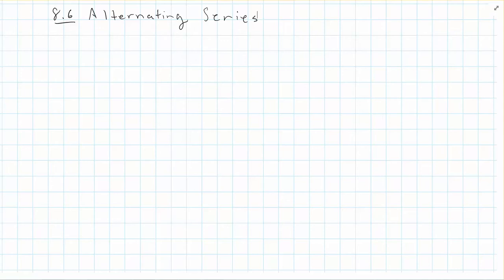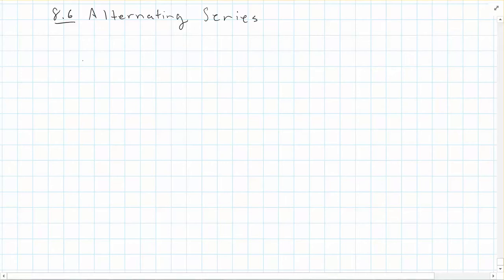So alternating series is the thing that I think most people struggle with in this section because it's a very different kind of test, and it's a very different kind of series. So before we even talk about the test, let's make sure we understand what an alternating series is.